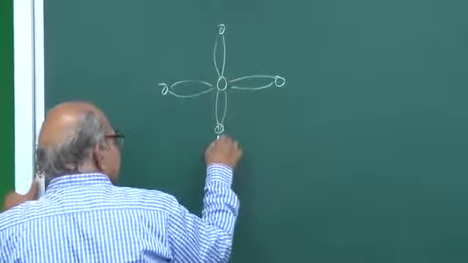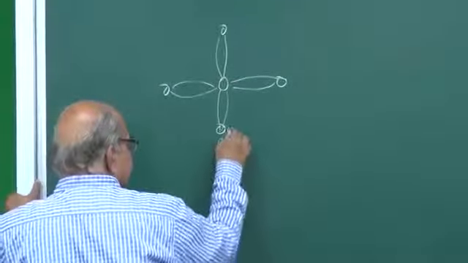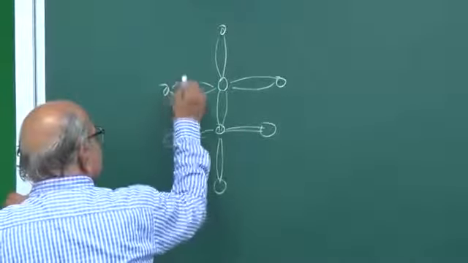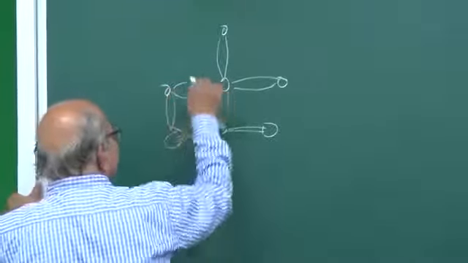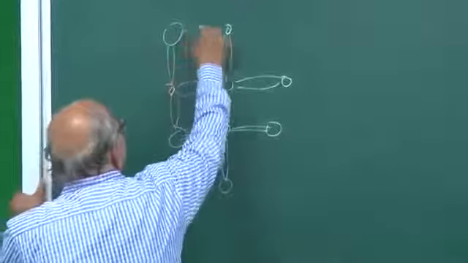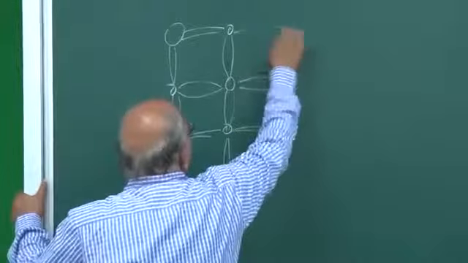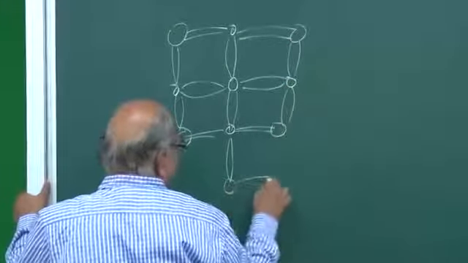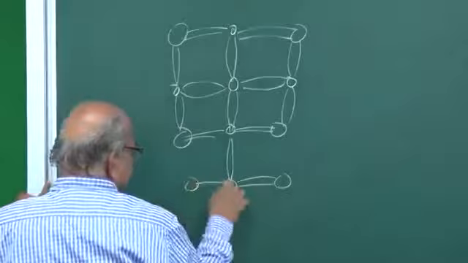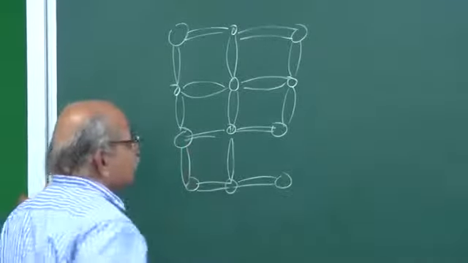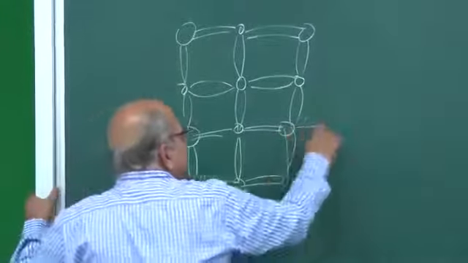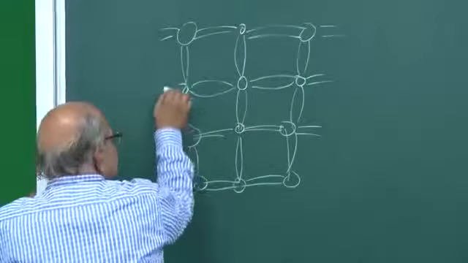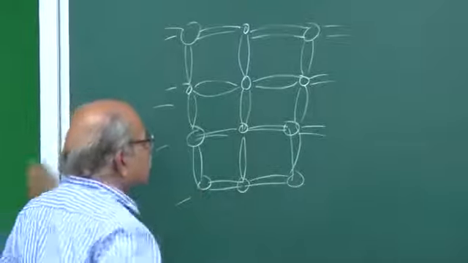So one is this and the other is this, and then this, and then this. This is also bonded, so here like this, and so on. Remember, our board is 2-dimensional and therefore I am only drawing this 2-dimensional diagram. The real crystal has that diamond structure, that tetrahedral symmetry and all those things that I showed here.